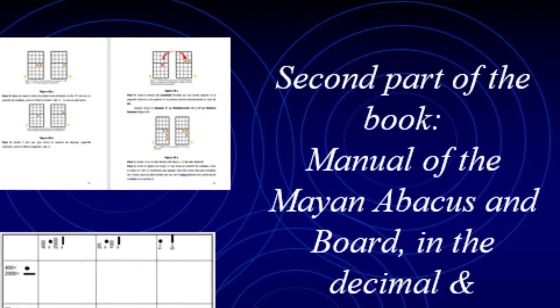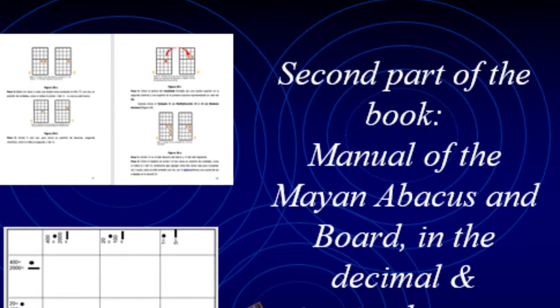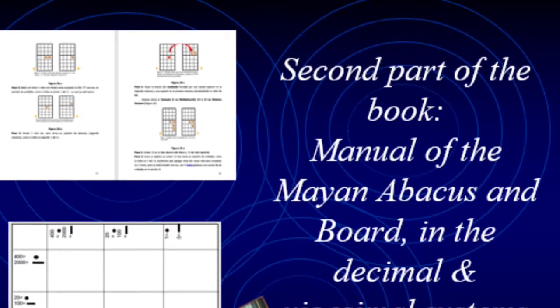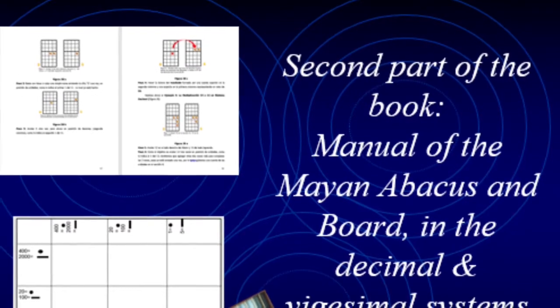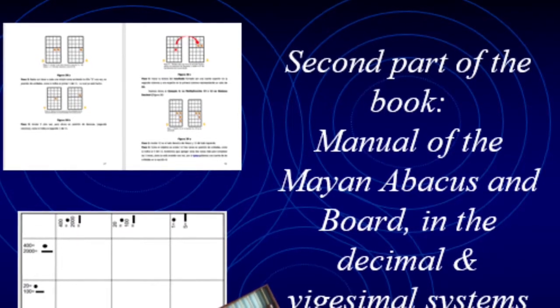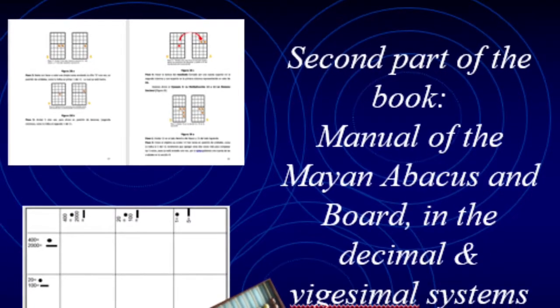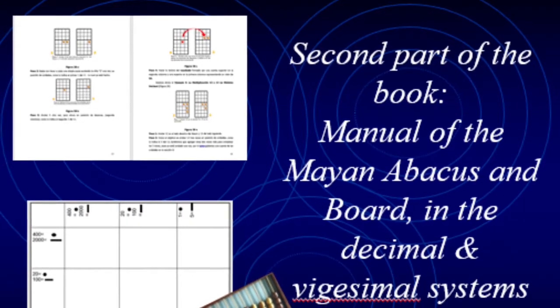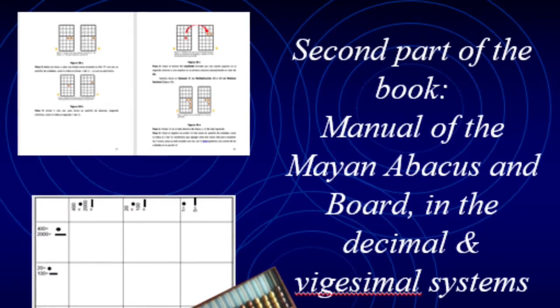And the second part of the book is, as I told you before, the manual of how to use the Mayan abacus and how to use the Mayan board, both in the decimal and vigesimal systems.